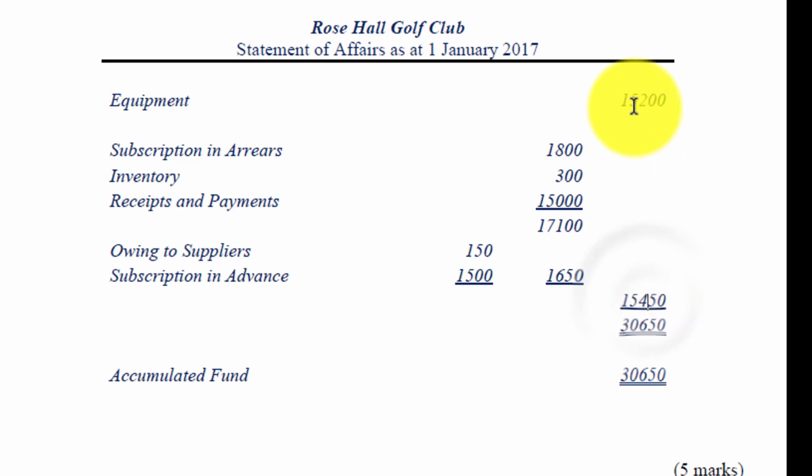To that we would add our fixed asset of 15,200. That will give us a total of 30,650, which is the amount for our accumulated fund. Now this could have been simplified by simply listing all of your assets under one column, adding them together, listing all of your liabilities, and just subtracting and putting the answer as accumulated fund.